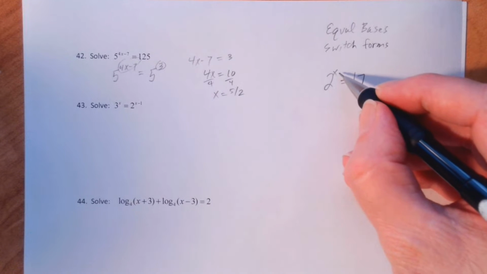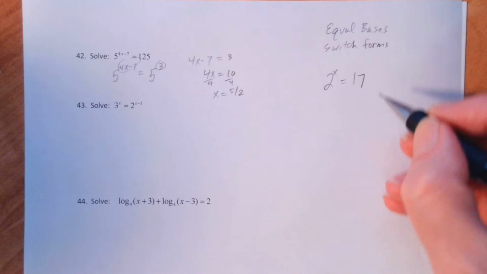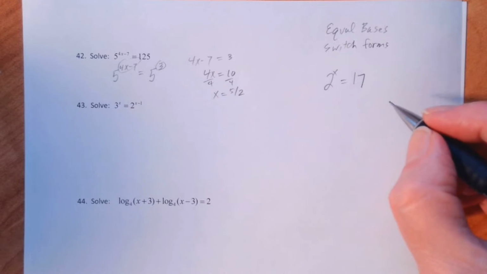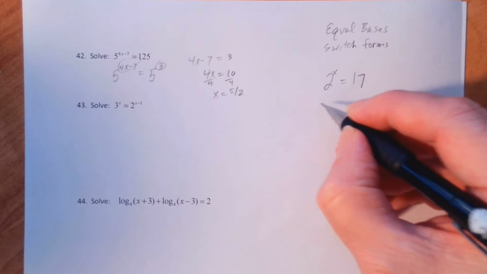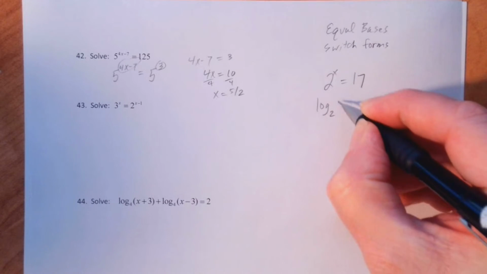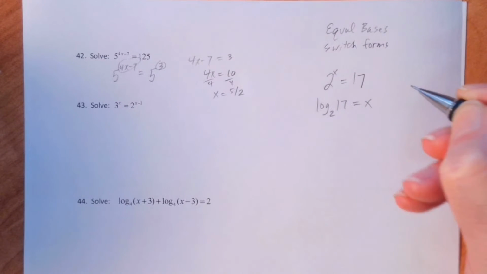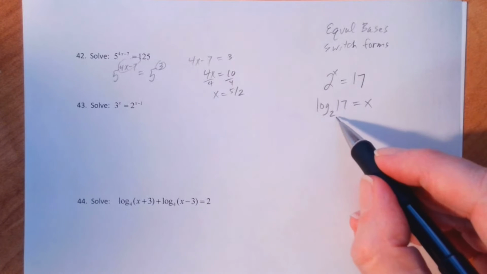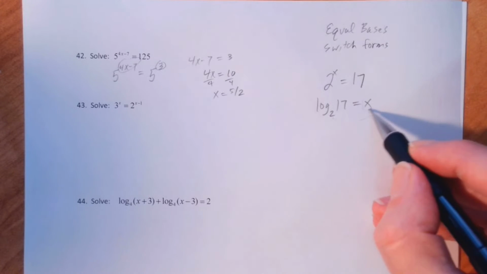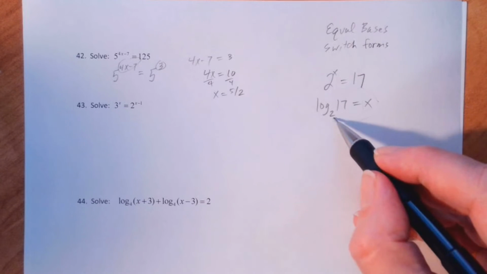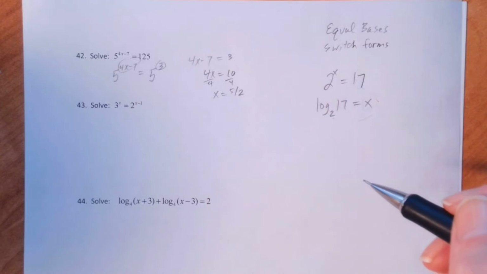In fact, anytime you have a variable in the exponent and you're dealing with an exponential equation, you're going to have to switch to the logarithmic form. So this is log base 2 of 17 is equal to x. Remember, it's 2 to the x power is 17. It's base, exponent, answer when you're in log form.